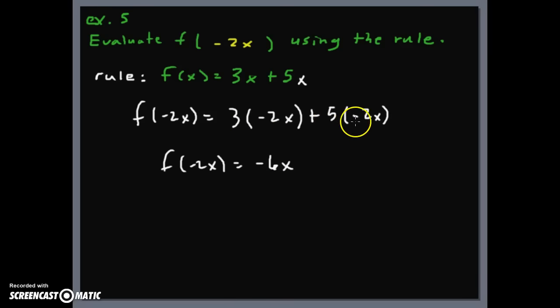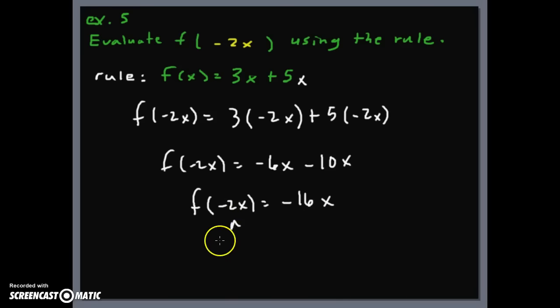And we've got 5 times a negative 2x is a negative 10x. These are both like terms, so we can go ahead and further simplify it. We've got f of negative 2x equals negative 6 minus 10 is a negative 16x, where negative 2x is our input and negative 16x is our output.